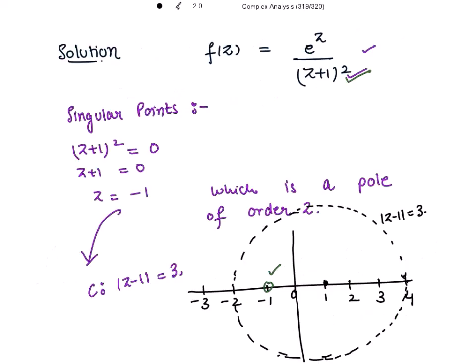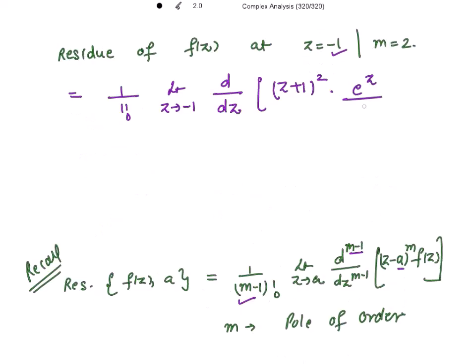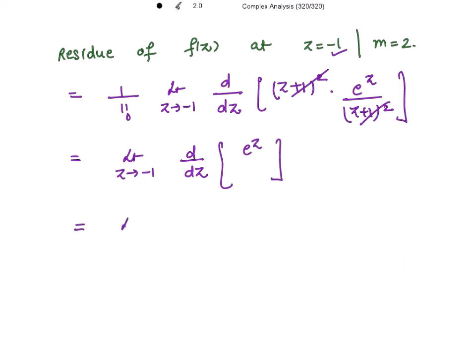What is f(z)? e^z divided by (z + 1)^2. Right? So this is equal to limit z tending to -1, taking the derivative, these two cancel out, e^z remains only, and is equal to limit z tends to -1, differentiating e^z with respect to z, it gives e^z, and putting z = -1 we get e^(-1), or it is 1 divided by e.